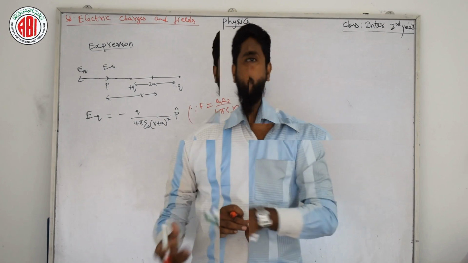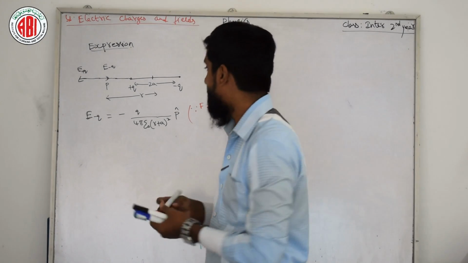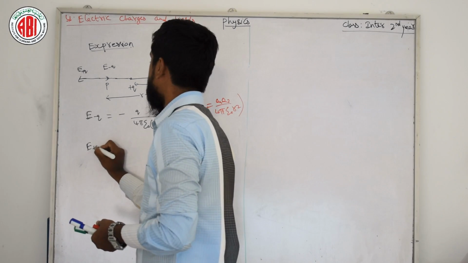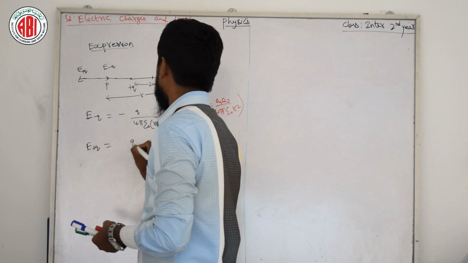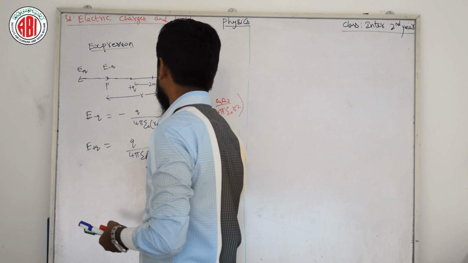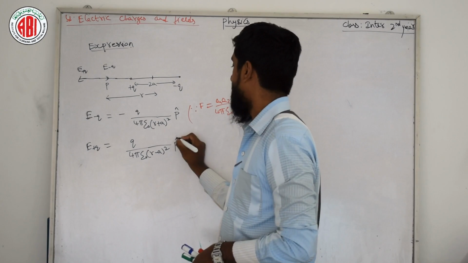The electric field intensity on P due to the charge plus Q is given simply as E plus Q equals Q by 4 pi epsilon naught into R minus A whole square, P cap.